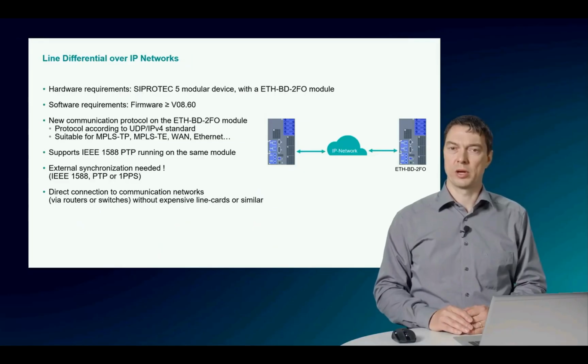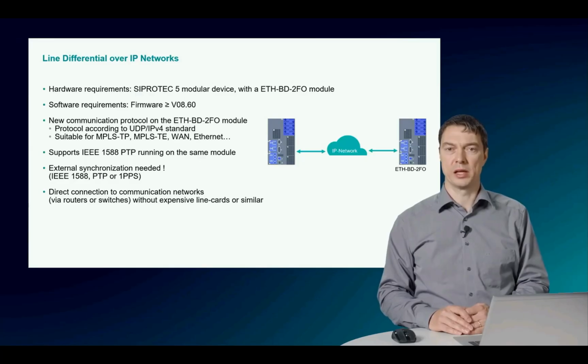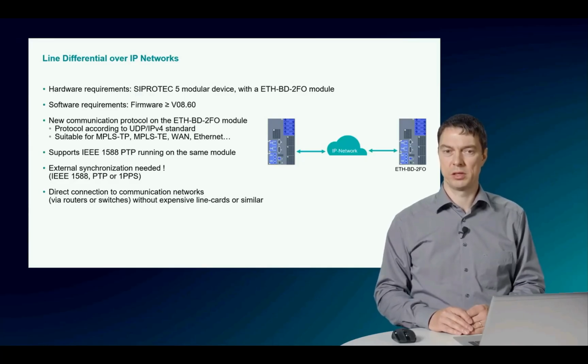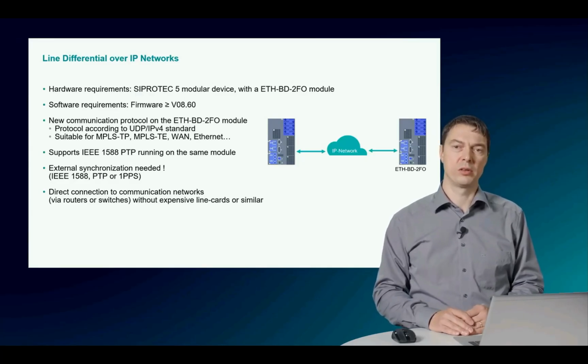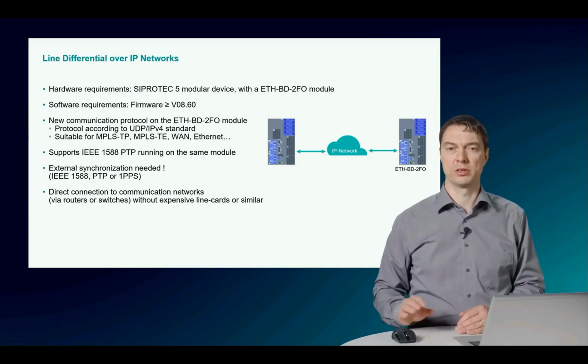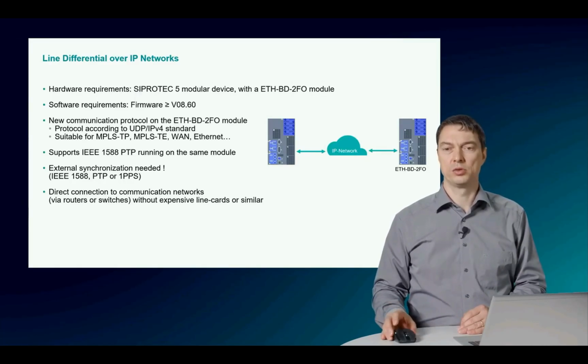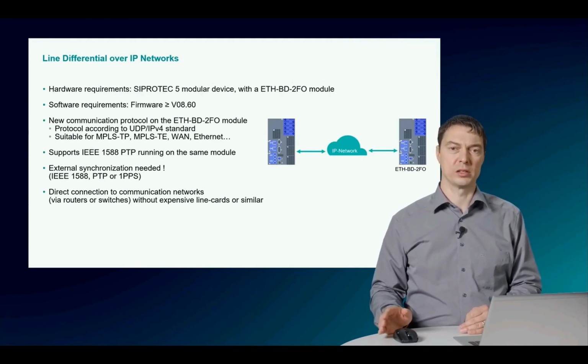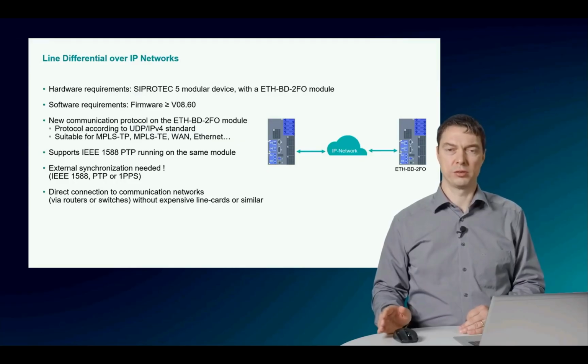What are the requirements for the new IP-based line differential protection? At the moment, only the modular devices of SIPROTEC 5 support this feature, using the Ethernet BD2FO module. The firmware version 8.60 is required, and the configuration is made using the new advanced protection interface workflow as presented before.